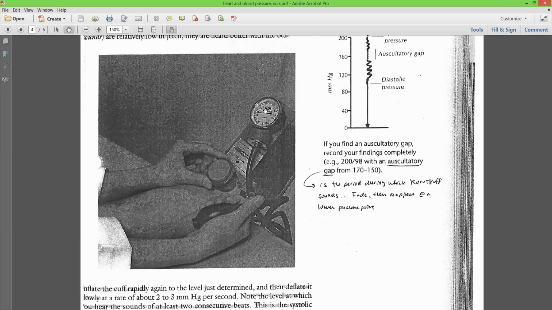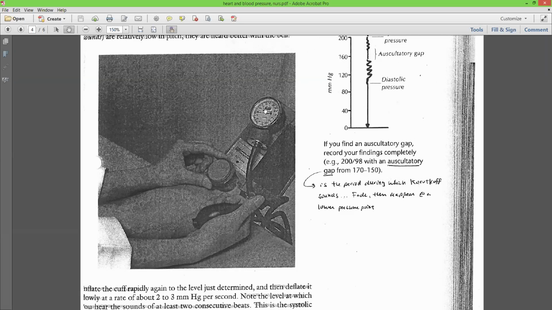Keep in mind, most people's normal blood pressure is like 120, 130 millimeters of mercury, and you just pumped it up to 220. Of course, you're going to occlude the blood vessel. You're pumping it up enough to occlude the brachial artery, to completely pinch it off.